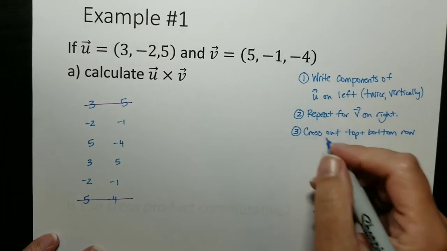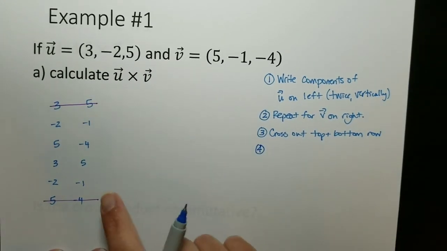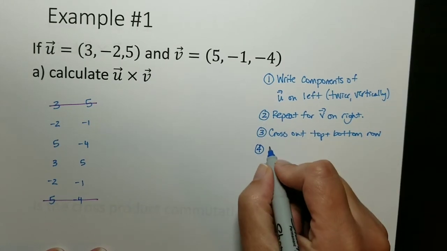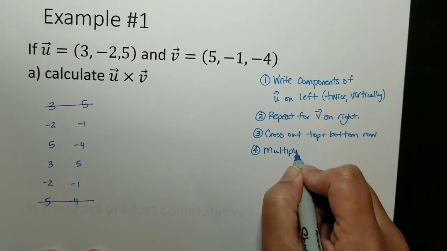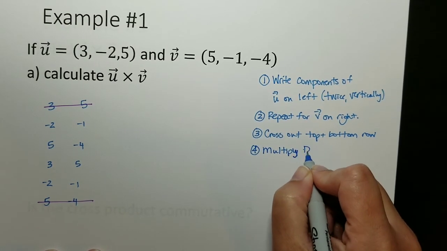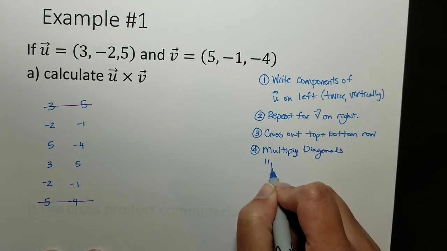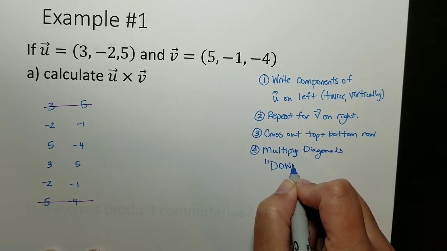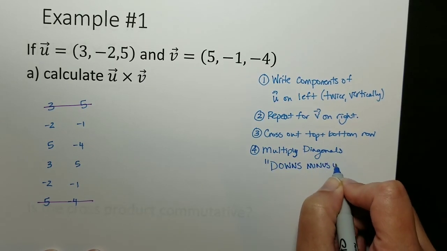The next thing will make more sense when you see it, but we're going to multiply diagonals. This is the important thing to remember: we're going to do downs minus ups.